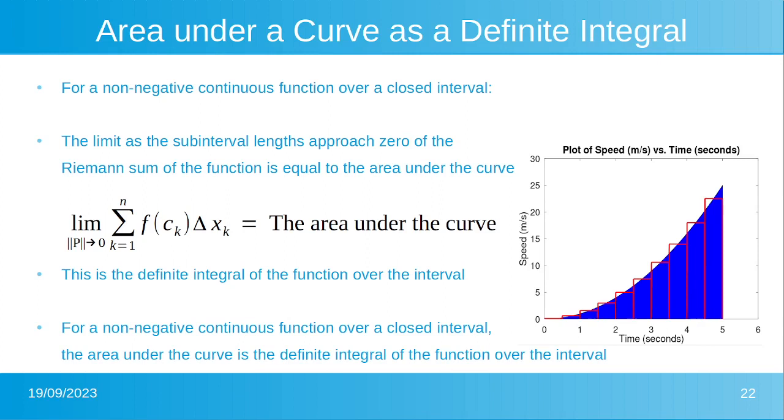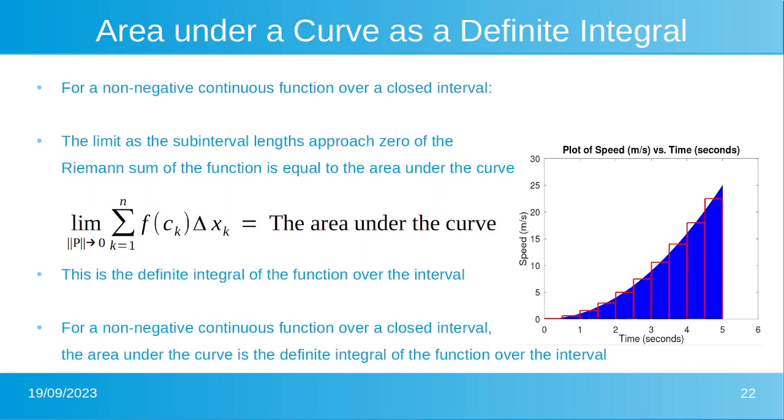And written here in mathematics, we have the limit as the norm of the partition approaches zero of the sum from k equals 1 to n of f of ck times delta xk. That's equal to the area under the curve. So that limit of a Riemann sum is equal to the area under the curve.